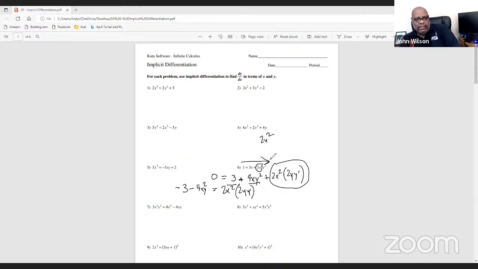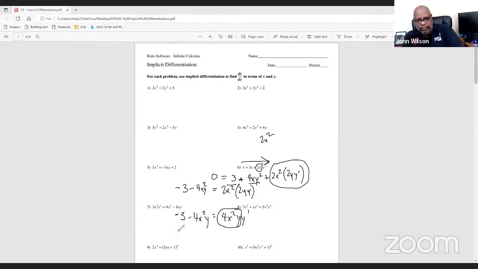Hope that clarifies. So now I'm looking at this right here. I'm gonna leave that alone over here, but I'm gonna look over here and combine these. I get -3 minus 4x squared y equals 4x squared y prime. Notice how I did 2 times 2 and made 4. Now I'm going to divide both sides by the coefficient of y prime, which is all of that.